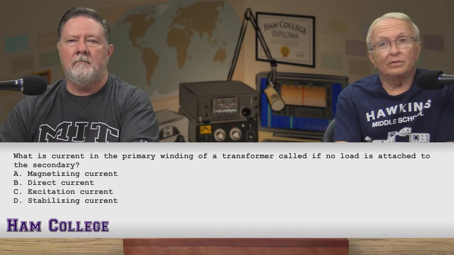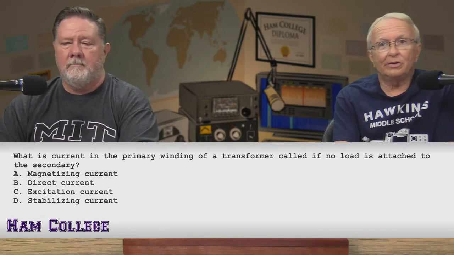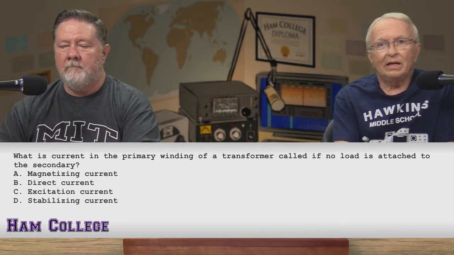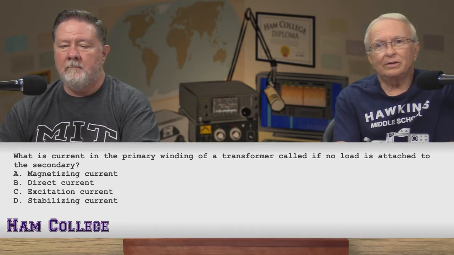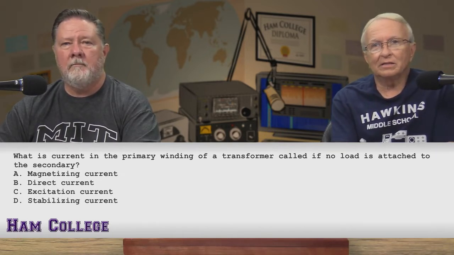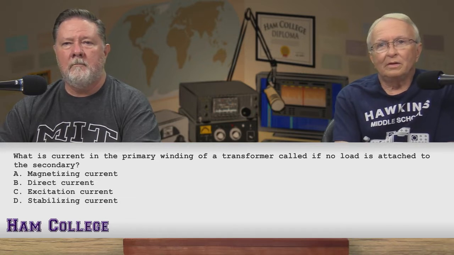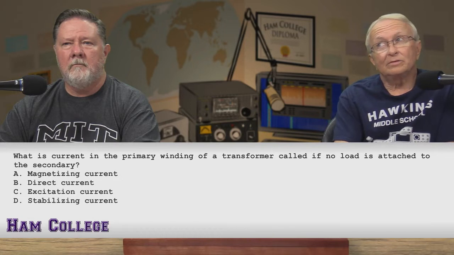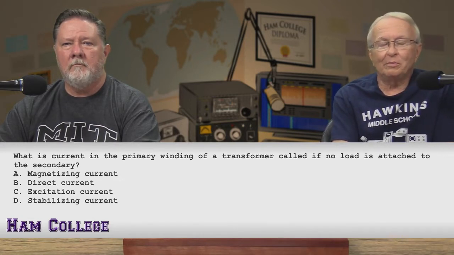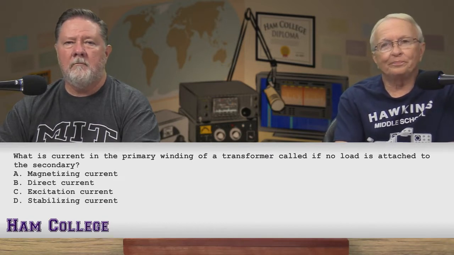Well, I don't think it would be called a stabilizing current, starting at the bottom. And excitation current? No, not really, because nothing's connected, so it's not exciting anything. Direct current? No, transformers don't pass DC, so you're probably not putting DC across the primary of a transformer.